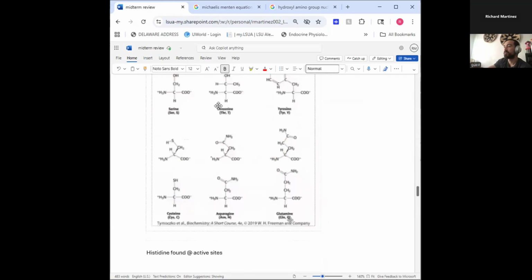Their letter is Q. So GLN-Q, glutamine. These may be the ones that mess people up with learning the three-letter groups and the one letter, and then tying it to which amino acid it is, and then what that amino acid does. Asparagine, ASN, N. Okay. And then you got glutamine, GLN, Q.